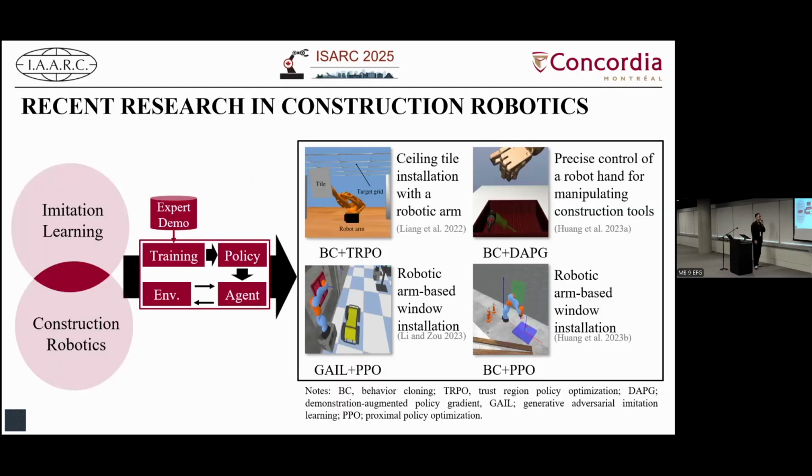Meanwhile, in the research community, there has been increasing interest in learning-based approaches, especially imitation learning. Imitation learning aims at training an agent by using expert demonstration data. Existing studies have shown promising results. However, conventional imitation learning approaches, such as behavior cloning or adversarial imitation learning such as GAIL, suffer from methodological limitations.